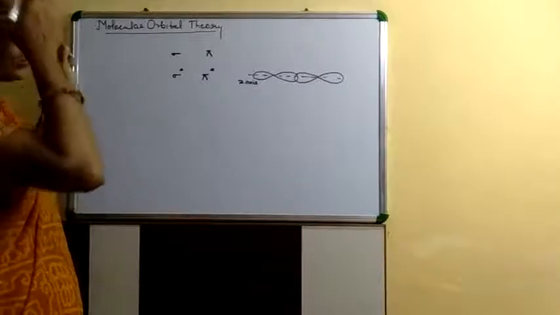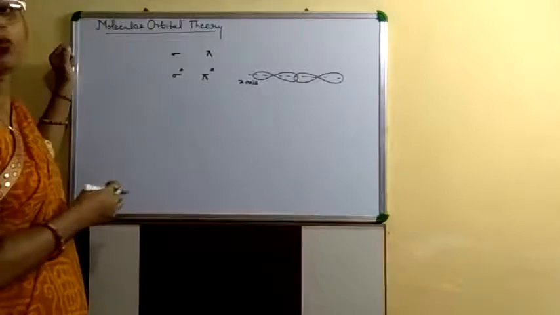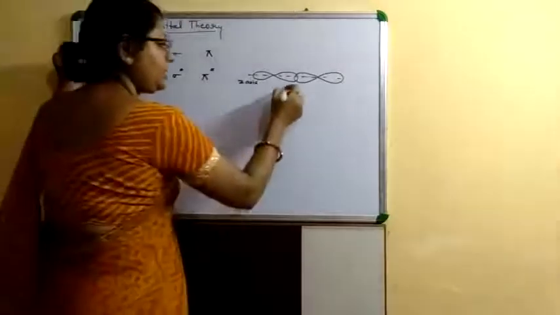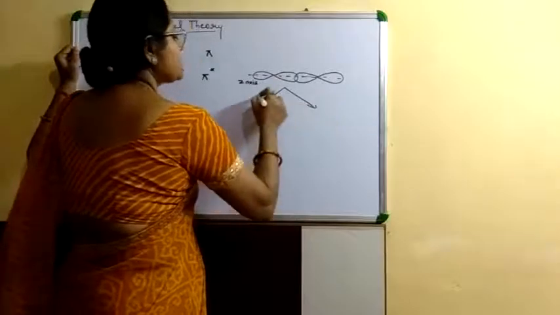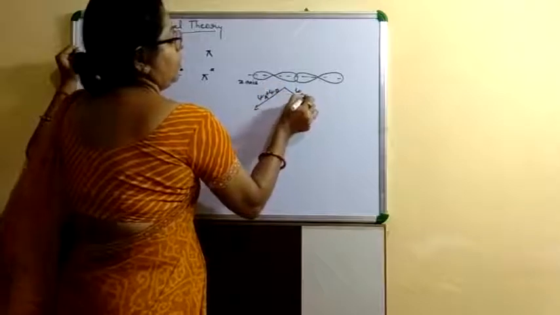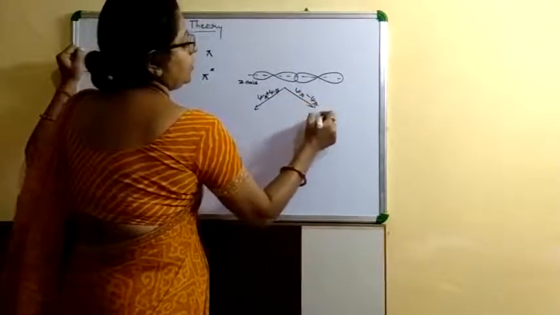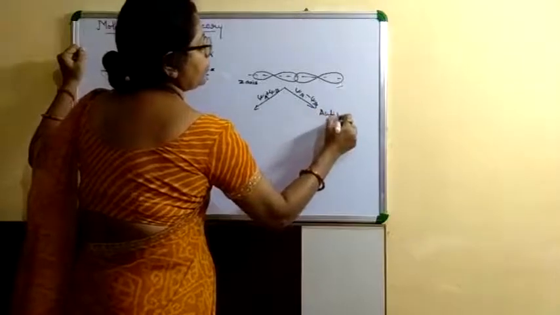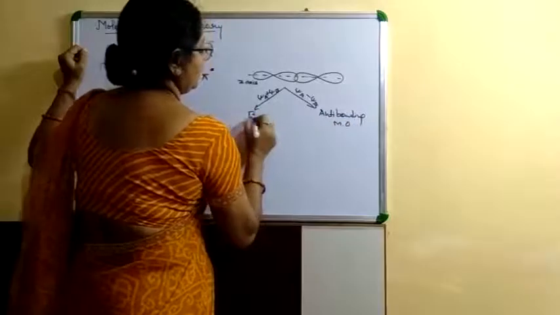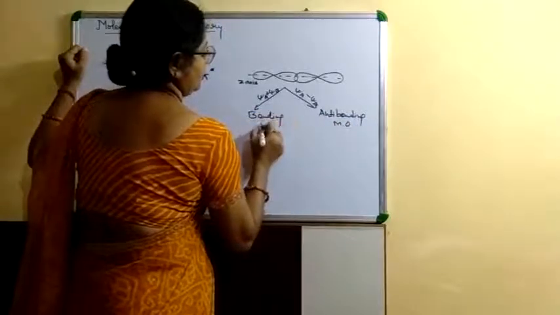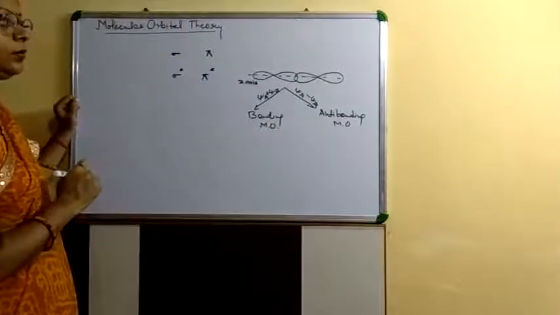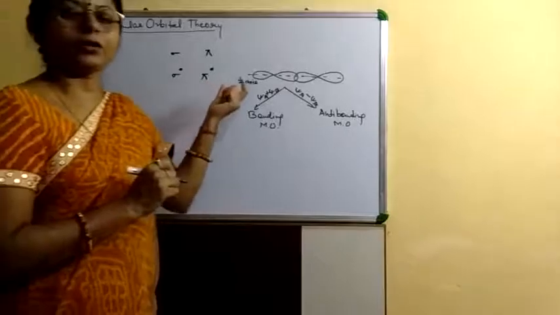When they approach each other in phase, bonding molecular orbitals are formed, and when they approach each other out of phase, antibonding molecular orbitals are obtained. This is along the x-axis.